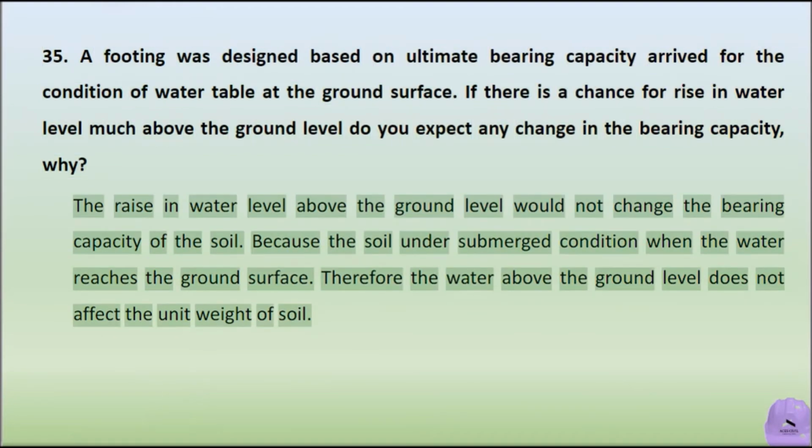The rise in water level above the ground level would not change the bearing capacity of the soil, because the soil is already under submerged condition when the water reaches the ground surface. Therefore the water above the ground level does not affect the unit weight of soil.